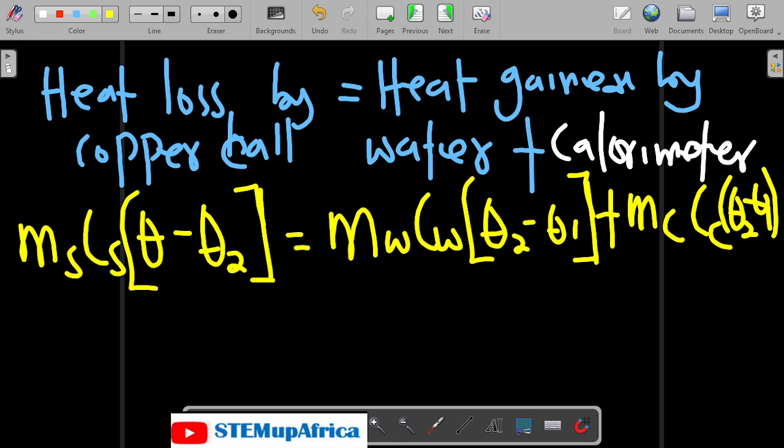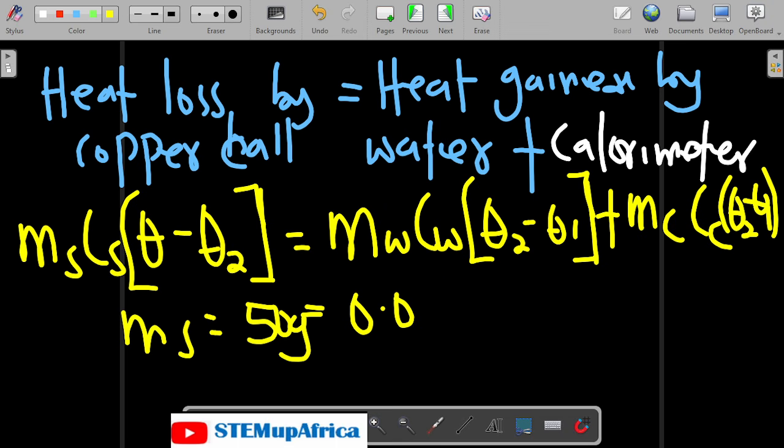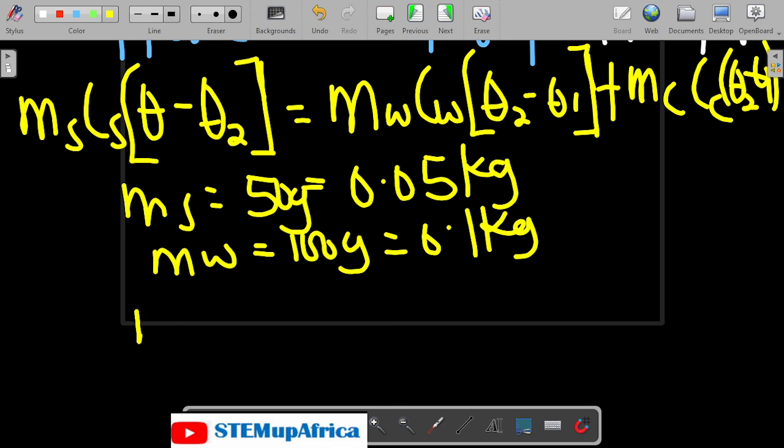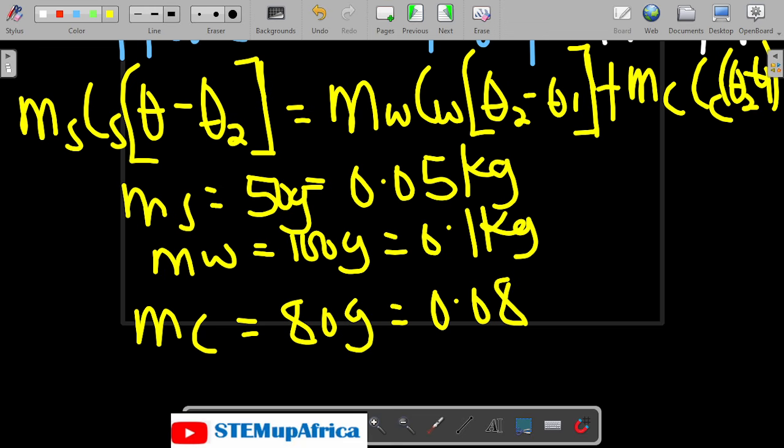The mass of solid, which is 50 grams, I'll convert to kilograms, which is 0.05 kilogram. The mass of water, 100 grams, becomes 0.1 kilogram. The mass of calorimeter, 80 grams, becomes 0.08 kilogram.